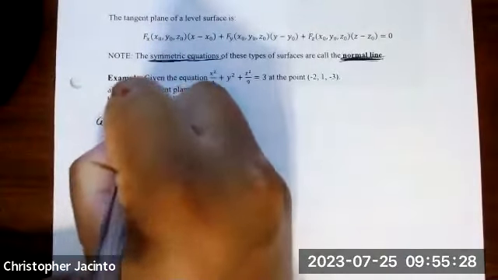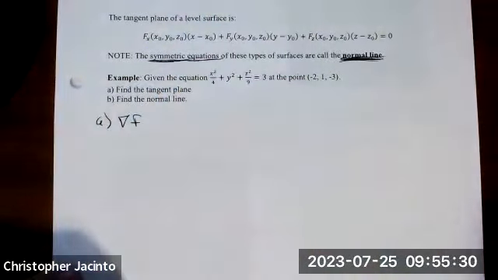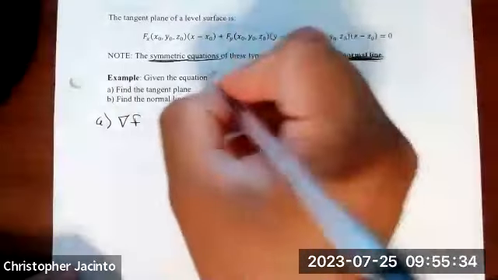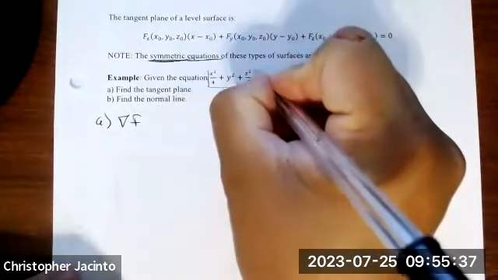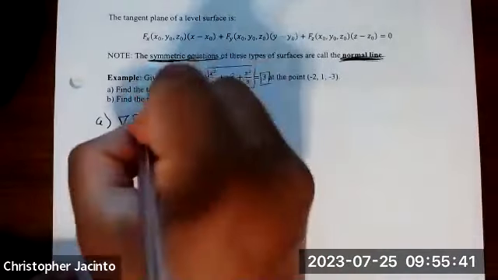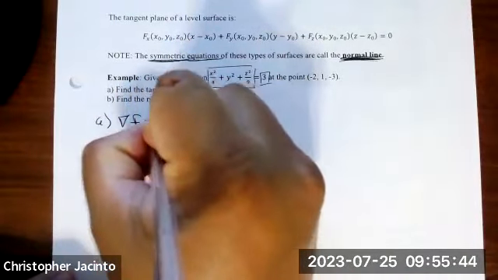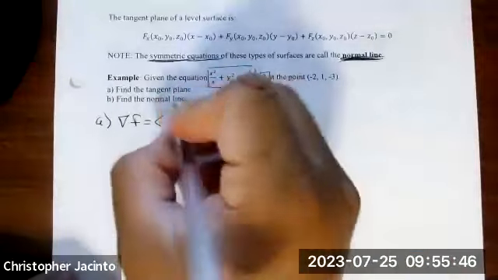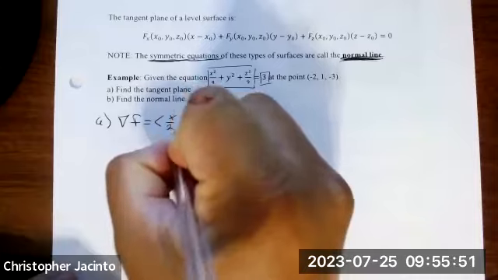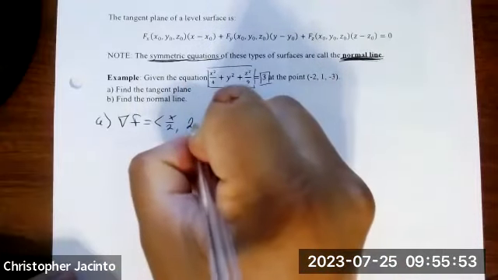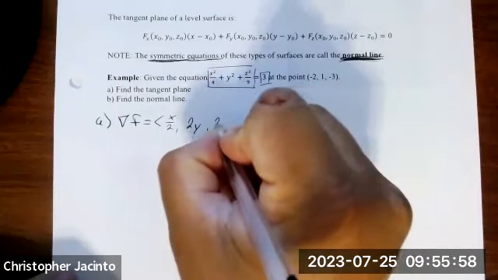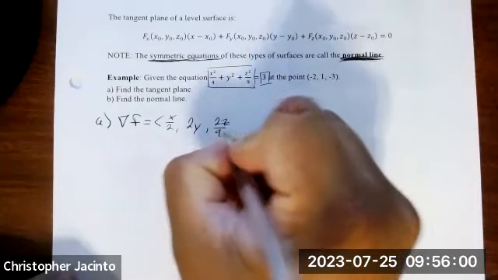Now, if you have no idea what you're doing, just find the gradient. That's going to be half the answer already in general. It's in this format, this is our f equals k, so we're good. Now we can find the gradient of it. With respect to x, it's just going to be 2x over 4, so x over 2, then 2y, and then 2z over 9.